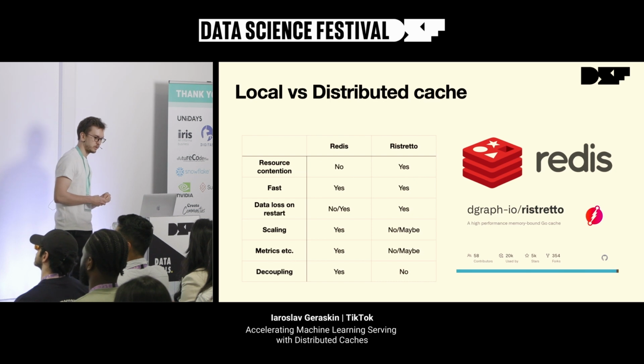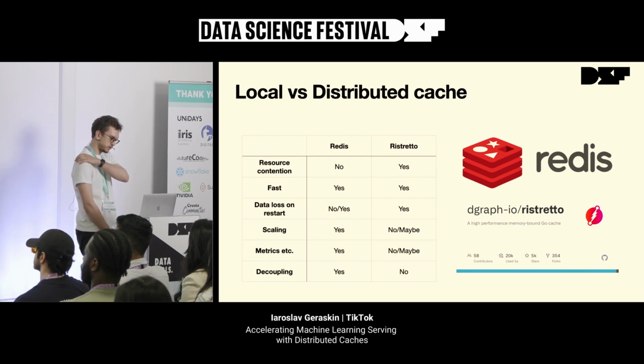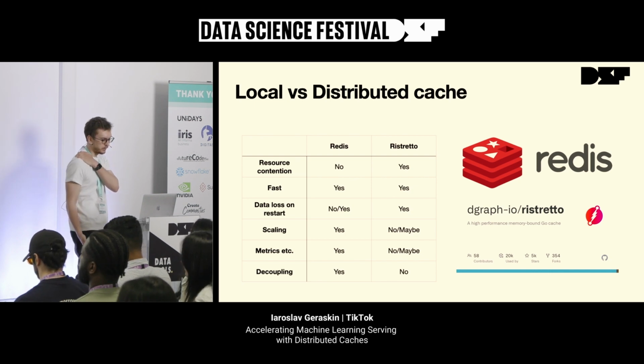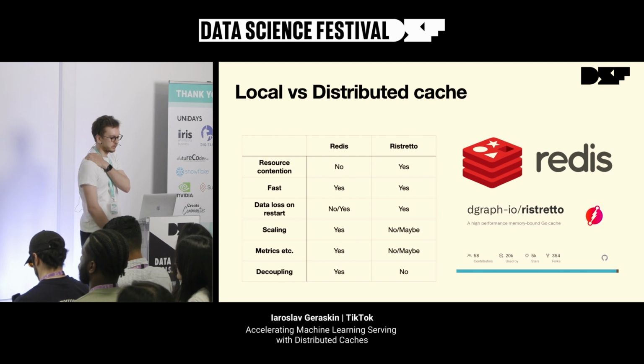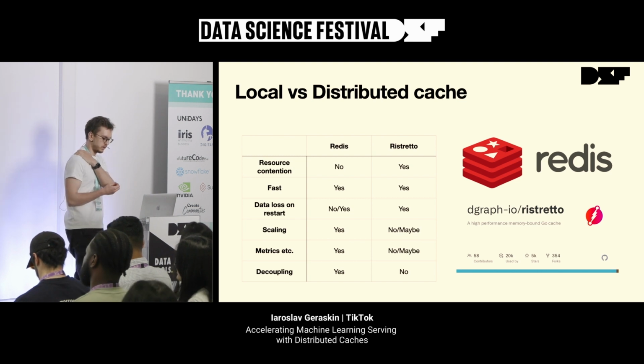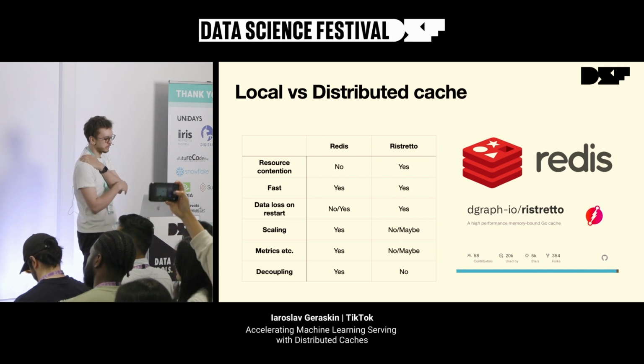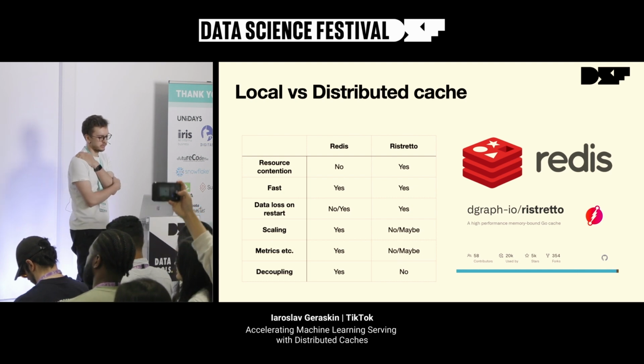So for caches, we can use different kinds of software. For example, we can use local caches, which are hosted on the same machine as the machine learning models, or we can use distributed caches such as Redis.